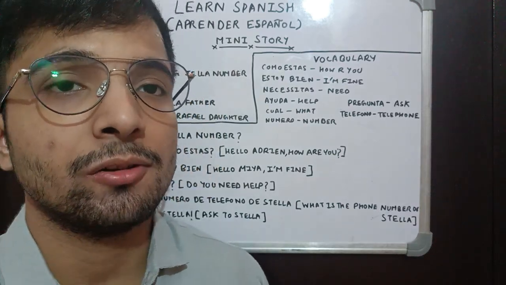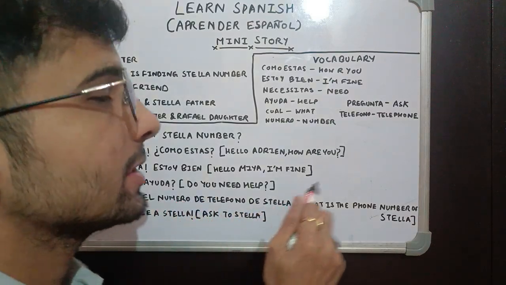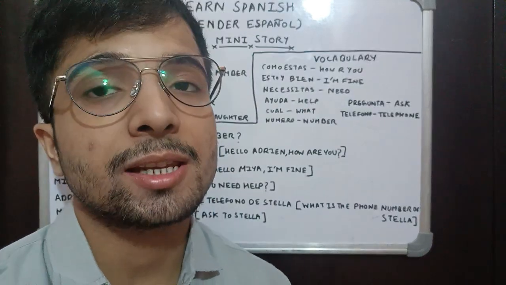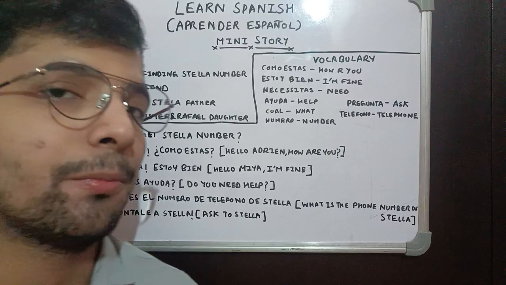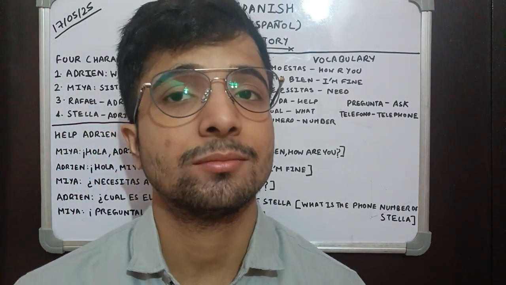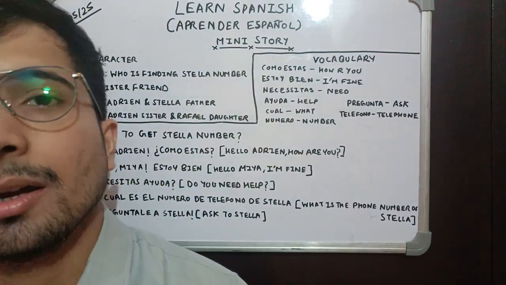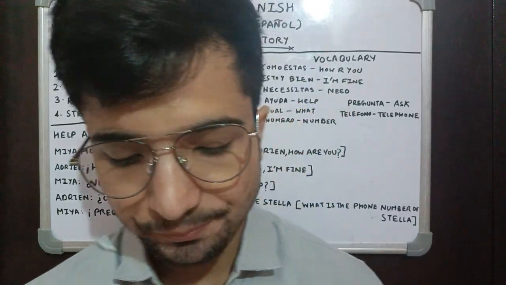And what did Adrian reply? ¿Cuál es el número de teléfono de Stella? What is the phone number of Stella? Then Mia replied, Pregunta a Stella. Ask Stella. Then I will give the conclusion in the second lecture of this.